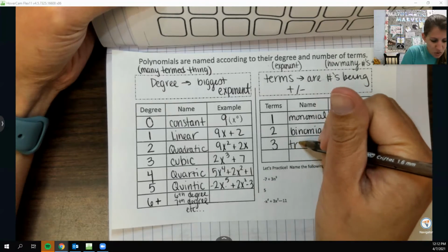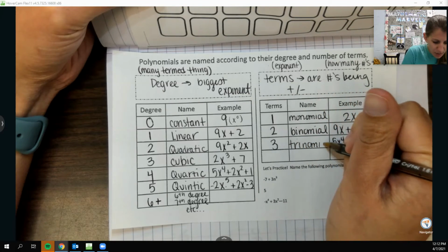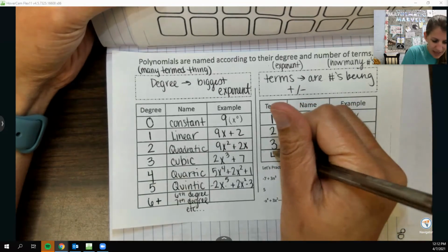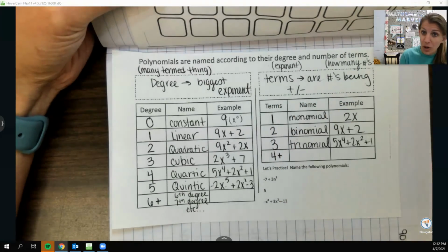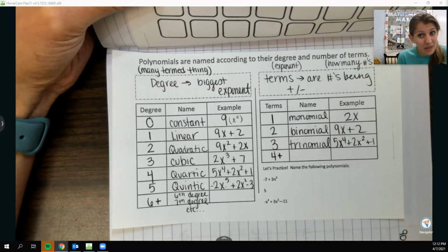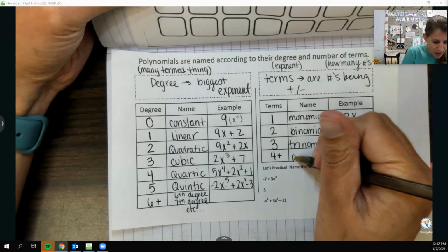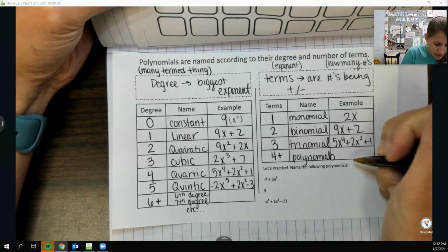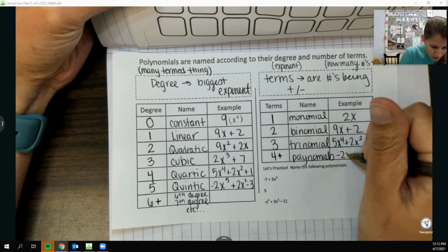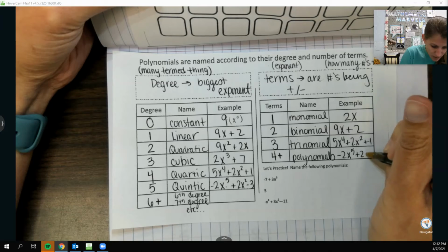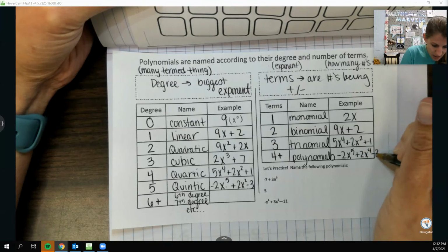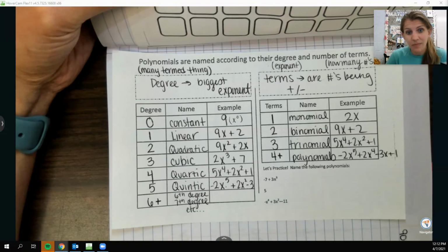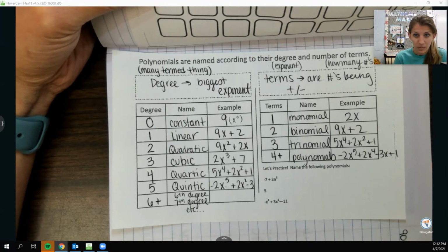That is a trinomial, tri for 3, nomial for number of terms. And then unfortunately, if it's 4 or higher, they don't get any fun names anymore. They're just called plain old polynomials, poly for many. So if it's something like negative 2x to the 5th plus 2x to the 4th minus 3x plus 1, or if there's lots and lots more, it's a polynomial.